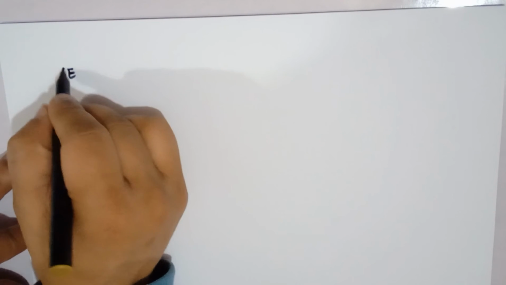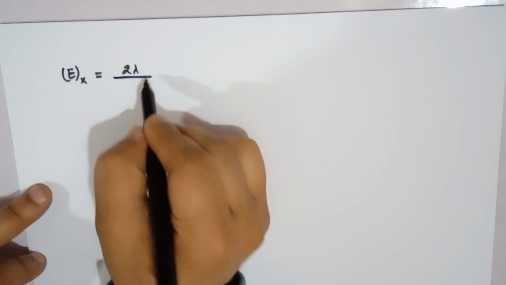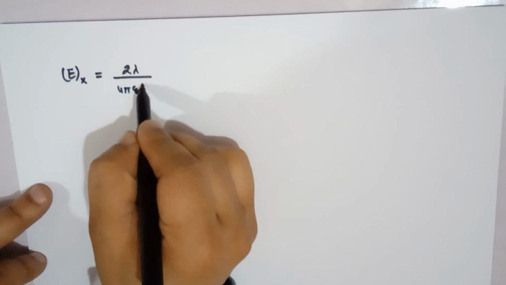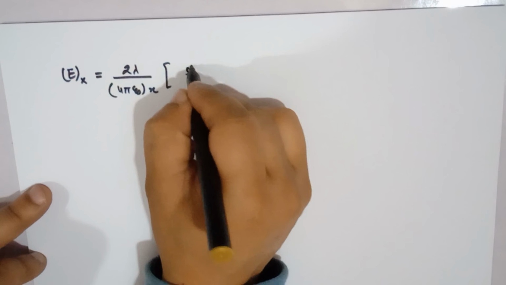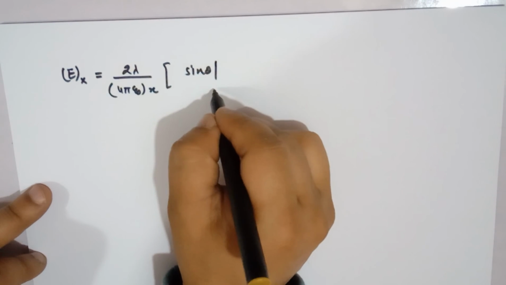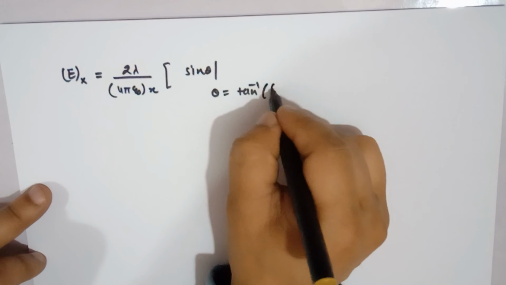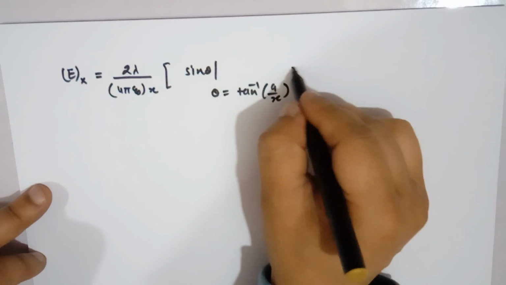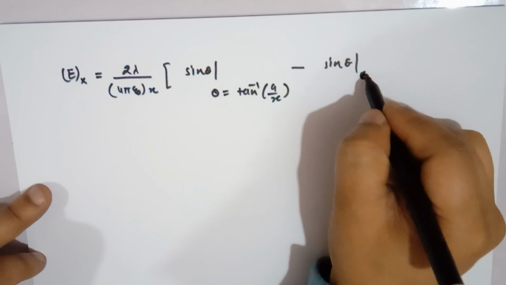So the electric field along the x-axis could be written as 2 lambda divided by 4 pi epsilon naught into x, times sine theta when theta is tan inverse of a upon x, minus sine theta when theta is 0, which is 0.